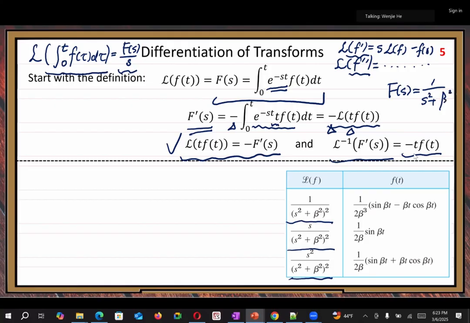Then we take a derivative, okay? Then we get a square, right? But the numerator there is an s. That's this version. So you can see, by taking the derivative, we get that version.